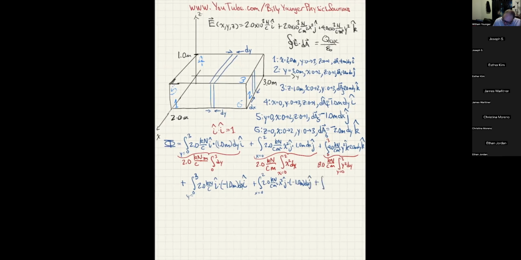plus, again, integral in this case from y equals 0 to 3 of 4.0 kilonewtons per coulomb meter. Oh, this should be 8. Well, I'll just leave that.